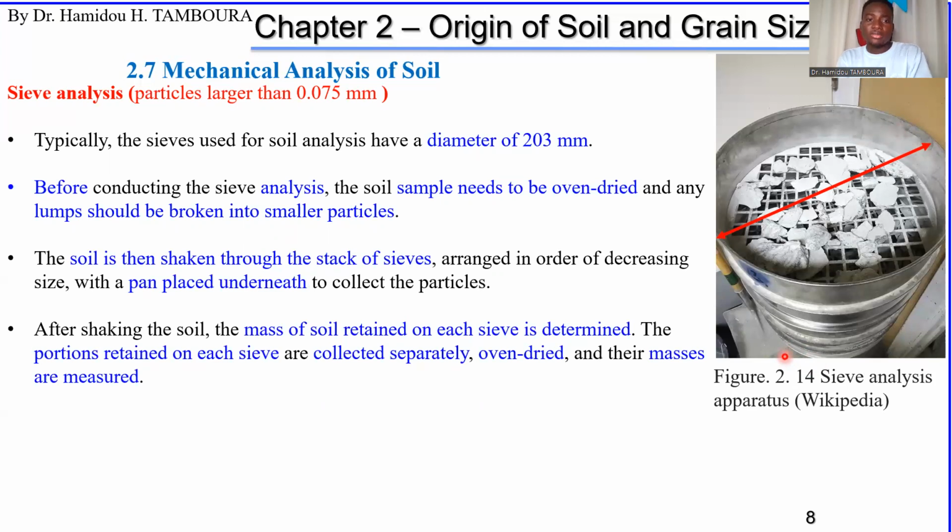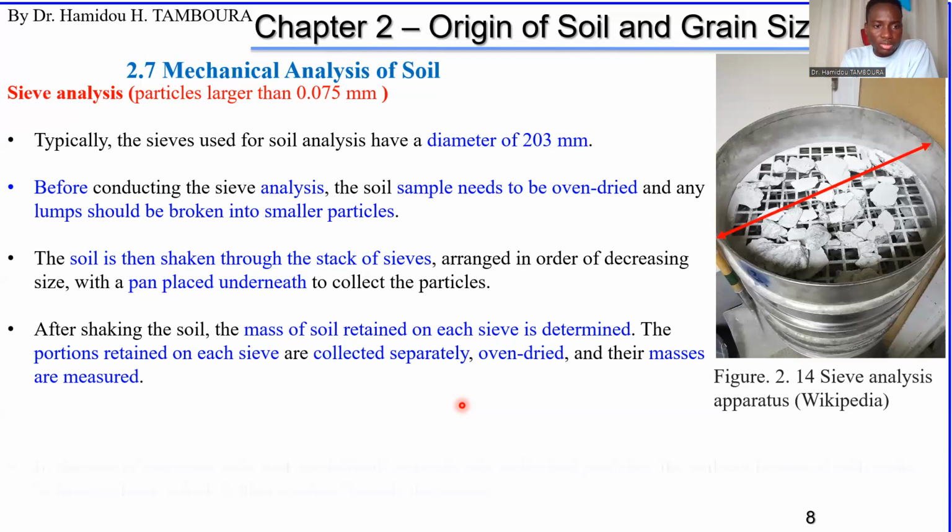After shaking the soil, we can then determine the mass of soil retained in each sieve. The portion of the soil retained on each sieve is collected separately, oven dried, and weighed to know the mass of each soil portion retained on each sieve.